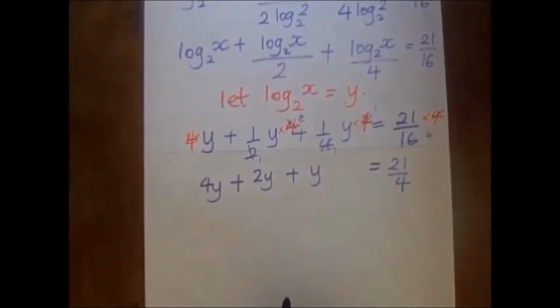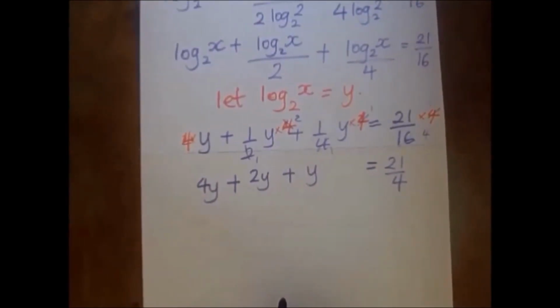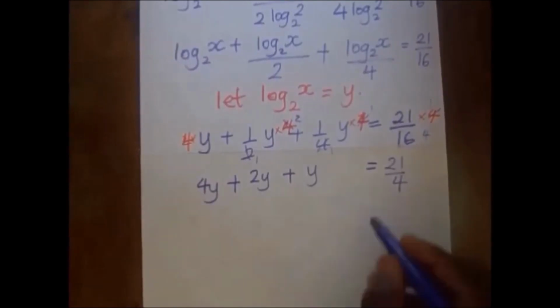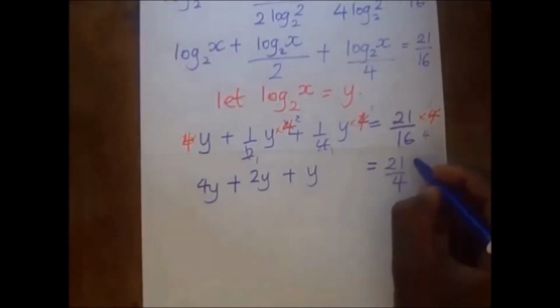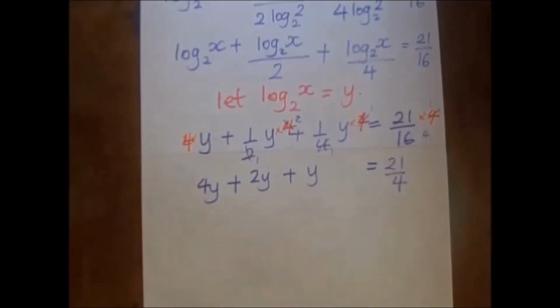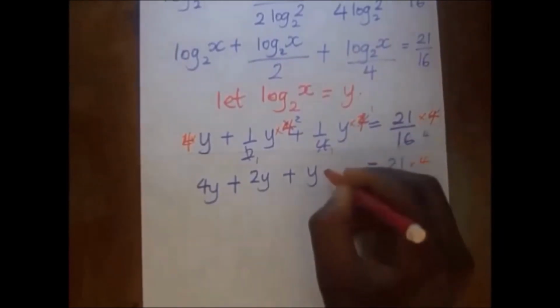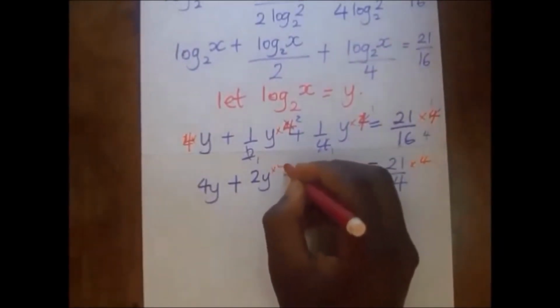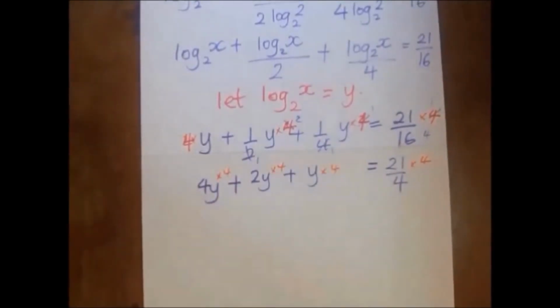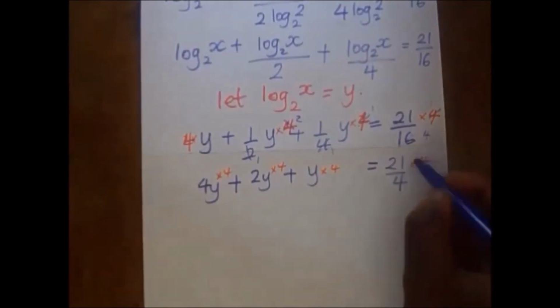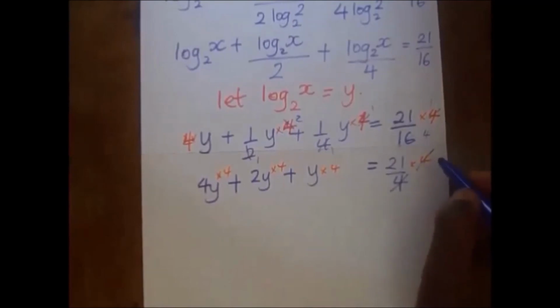After it has become 21 over 4, 4y plus 2y plus y is equal to 21 over 4. We multiply through by 4 to make it a flat equation, so that this 4 and that 4 cancel out.